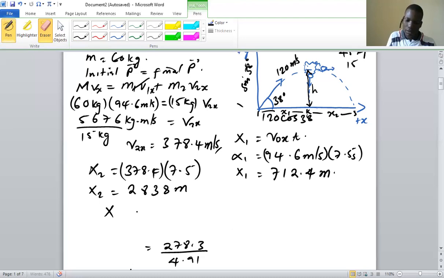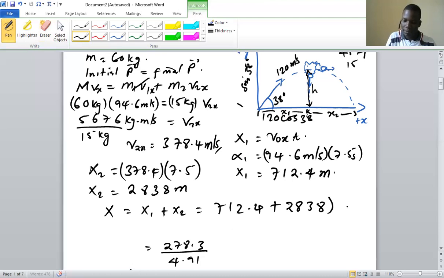So we have 712.4 plus 2838 meters. So when we punch that one, we get 3,550.4 meters.